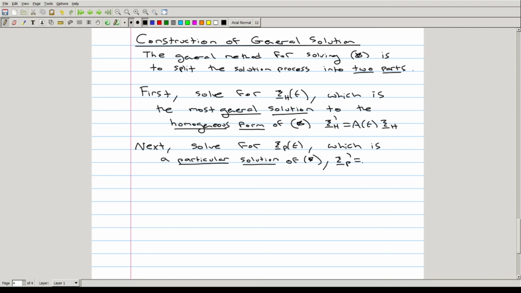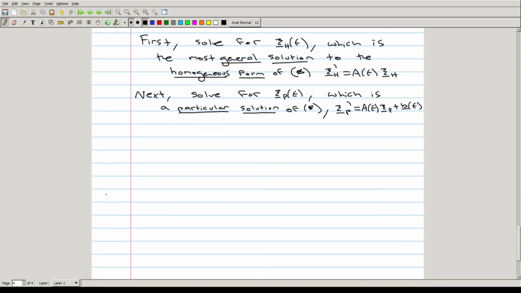That just means that it's some solution which might not satisfy any of the specific initial conditions for the problem, but it does satisfy the differential equation. So the derivative of xi p is going to be the matrix A of t times xi p plus the vector function b of t. And with the homogeneous solution and the particular solution, we can then express the general solution as the superposition of these two solutions.